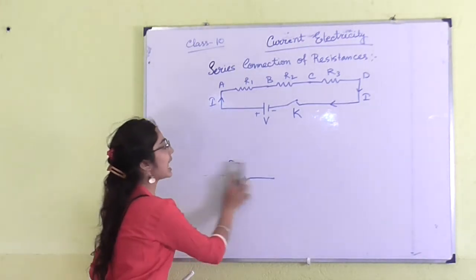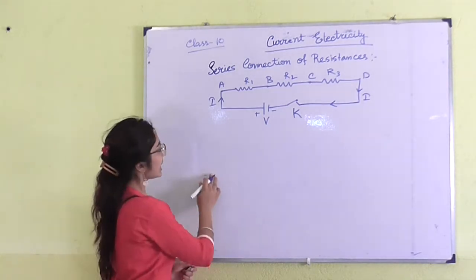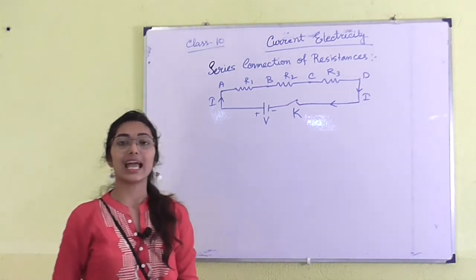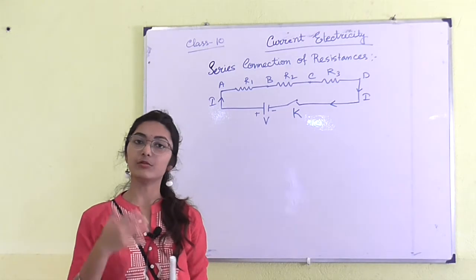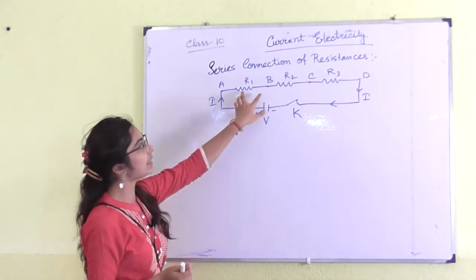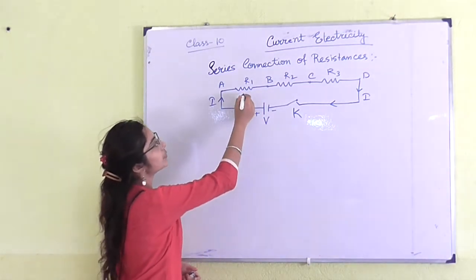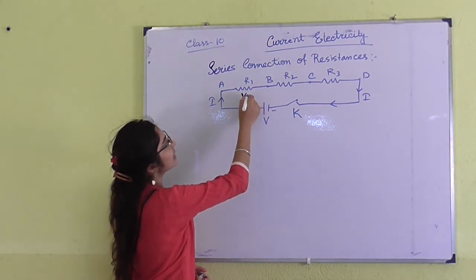This is the voltage, and current I is passing through the resistances. The same current is passing through all the resistances, but as the resistances are different, according to Ohm's law, the voltage drop will be different in different resistances. In AB, the first resistance, suppose the voltage is V1.